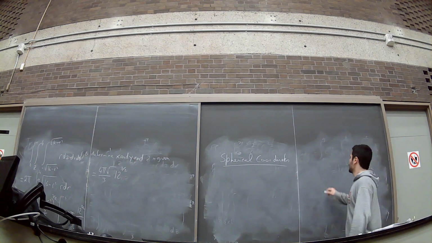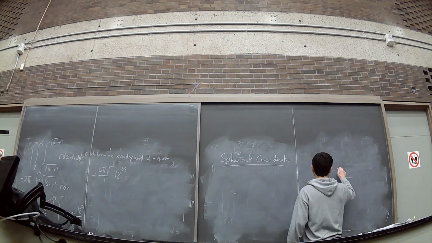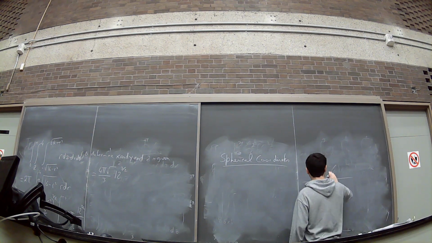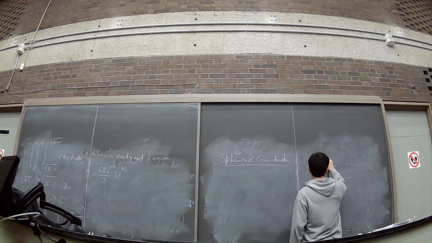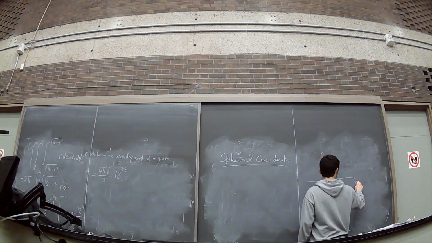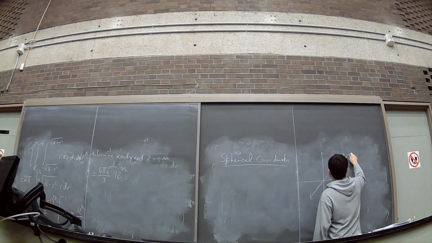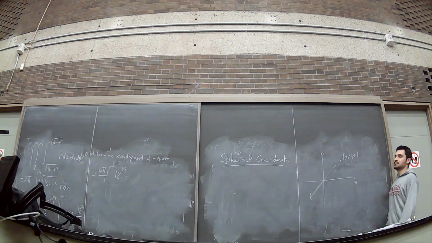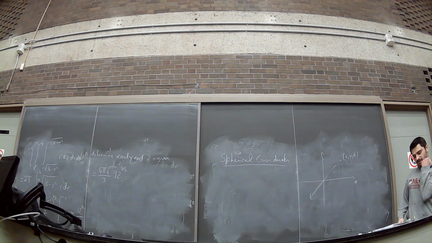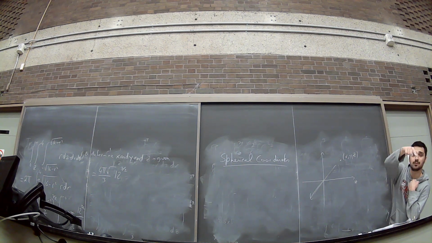Spherical coordinates. You have a point in the x, y, z space, and you define it by x, y, z. This is my x, y, z space, and I have a point here.